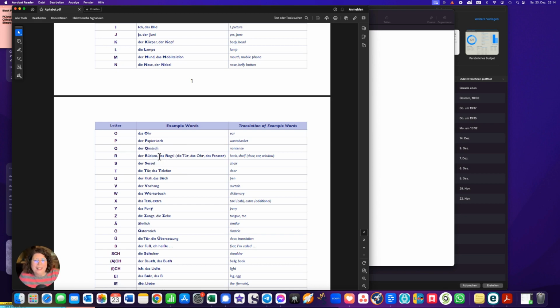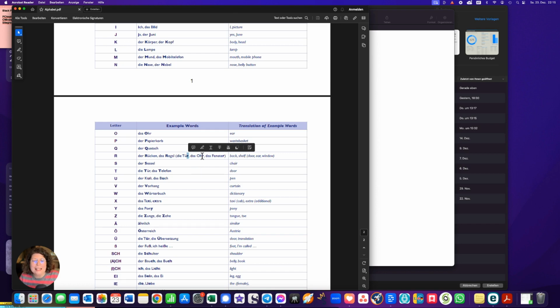Another word would be das Regal. That's a shelf. And then I've put here in parentheses one other important way of pronouncing this. And that is like a short ah. And there we don't say r at all. For example, die Tür. So here it's like an ah. Die Tür means door.